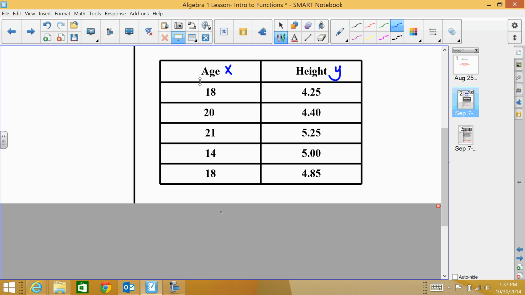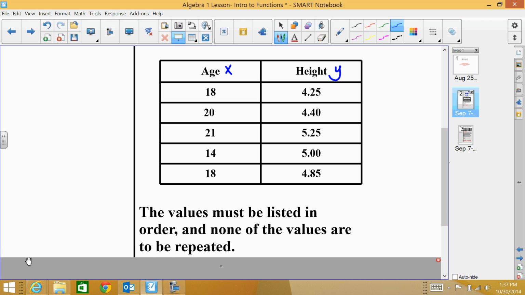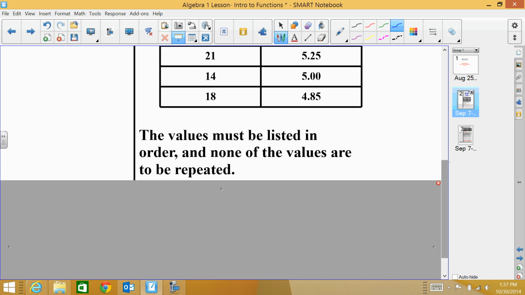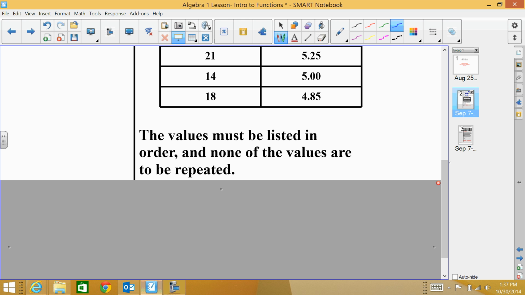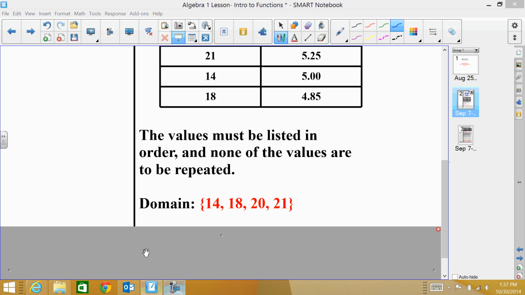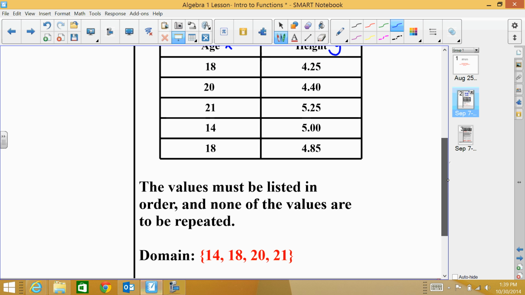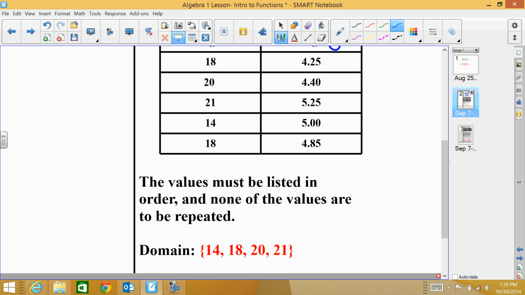So even though the 18 is on here twice, I'm not going to repeat any numbers. So if we put our domain in order from least to greatest, we would have 14, 18, 20, and 21.